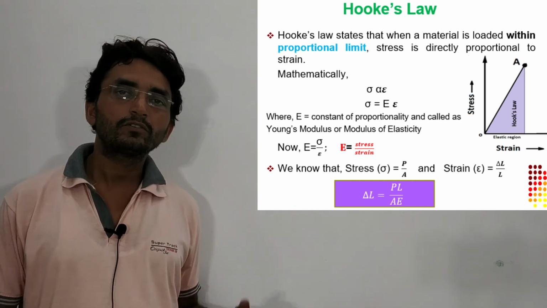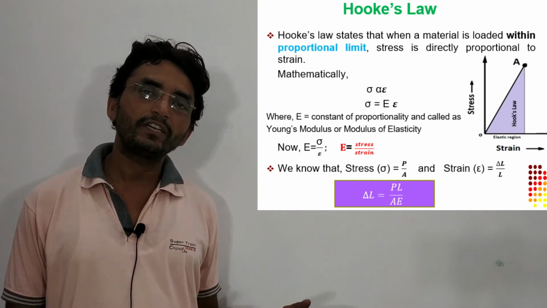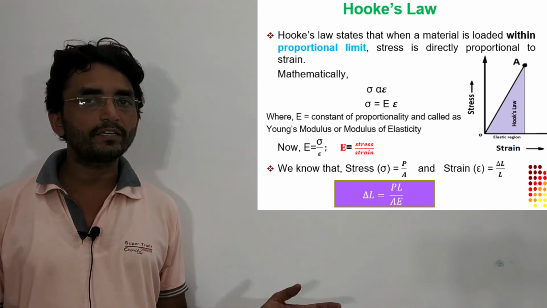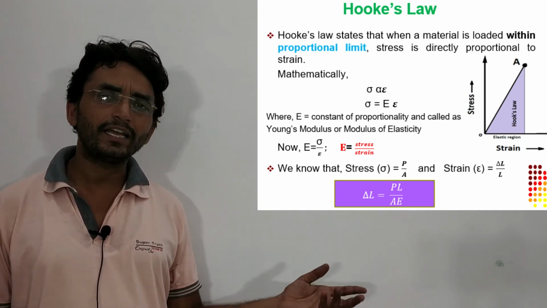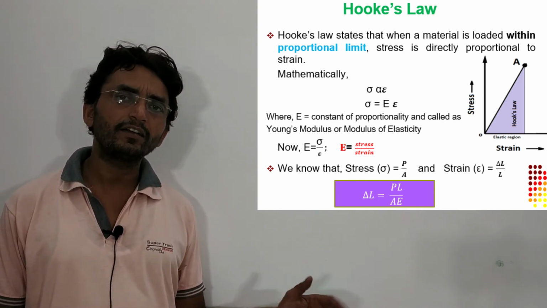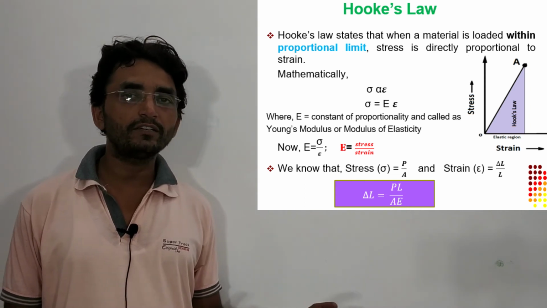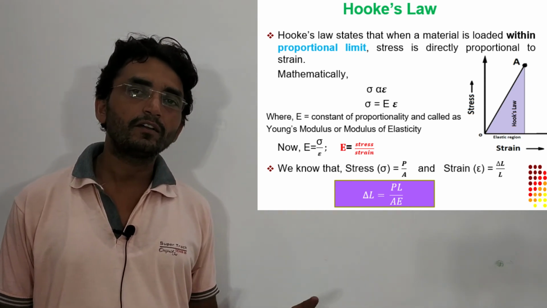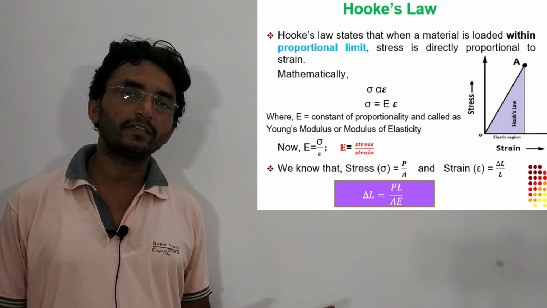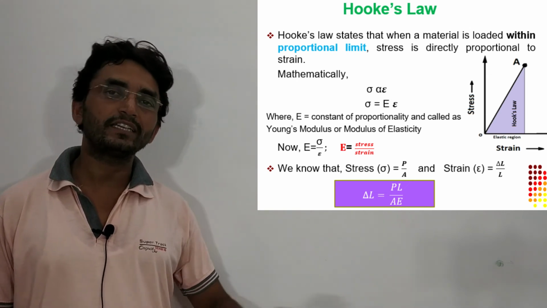By the help of this formula we can calculate any unknown quantity like P, length, change in length, area, Young's modulus. Whatever type of numerical is coming in the exam, we can easily calculate.